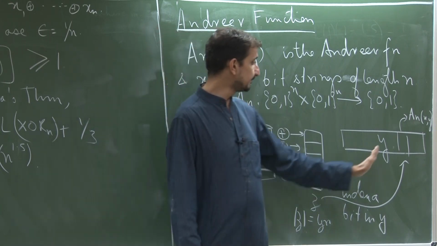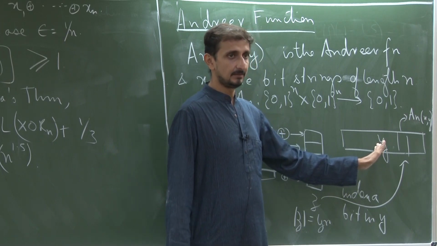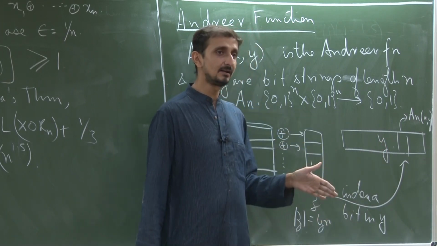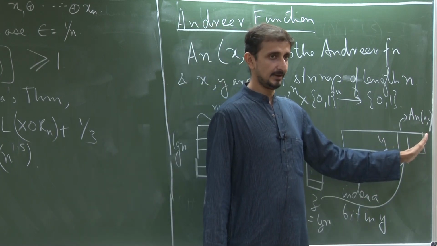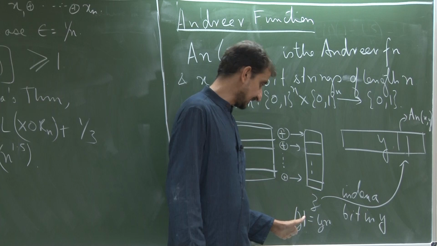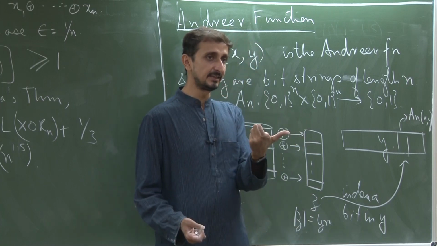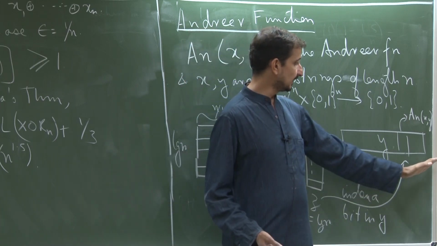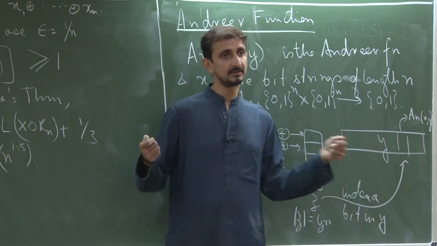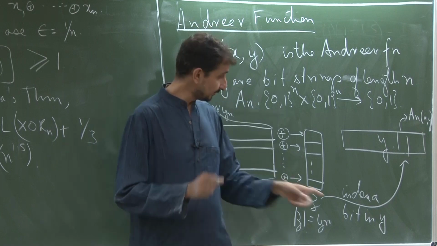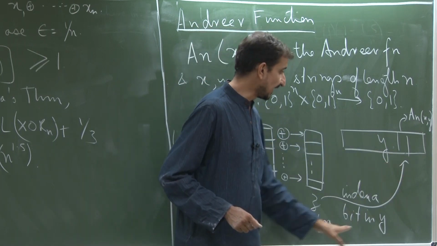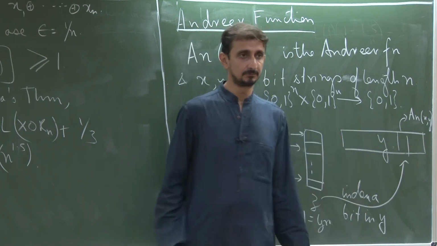So, it will look at the fifth position of y. If z is, let us say, 111, then it is equal to 7, so it will look at the seventh position. Basically, if z is a 3-bit string, then it can index a string up to length 8. That is the idea, and whatever the value at that position is, that is the output.